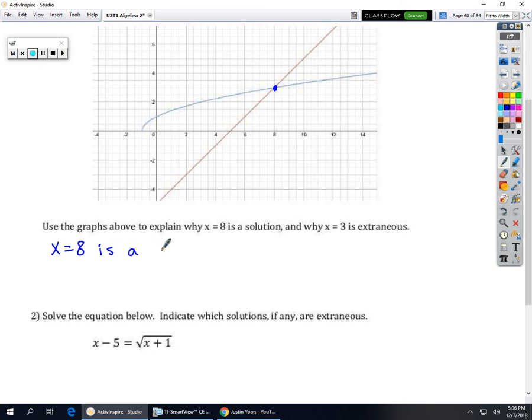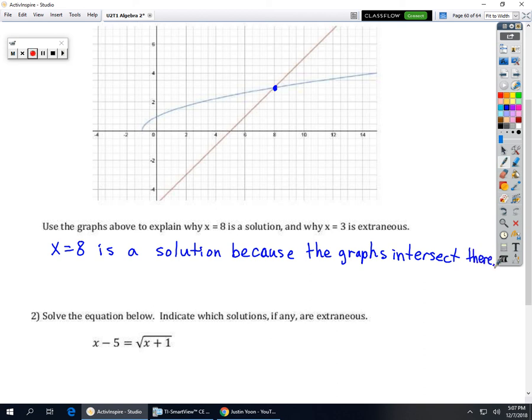So simply, x equals 8 is a solution because the graphs intersect there.